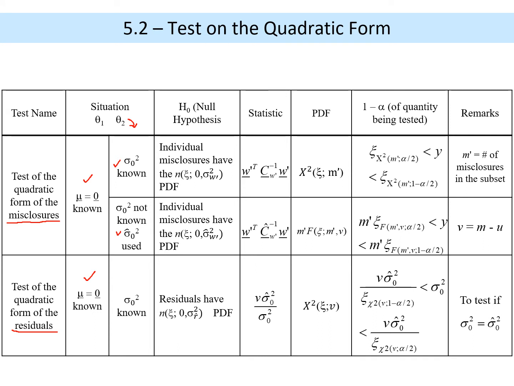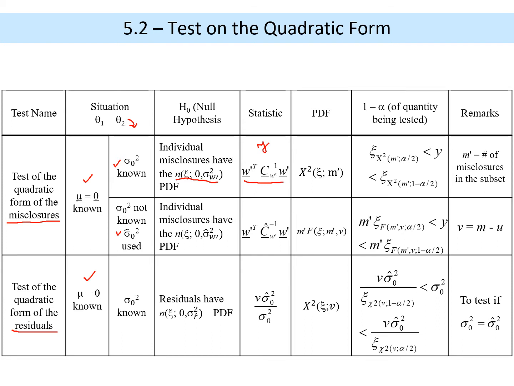Null hypothesis: the misclosures follow a normal distribution with 0 mean and a variance that is the variance of its covariance matrix. And again, this W prime is a special type of misclosure that we discussed in 2 video lectures ago. The statistic Y, this is the quadratic form of misclosures.